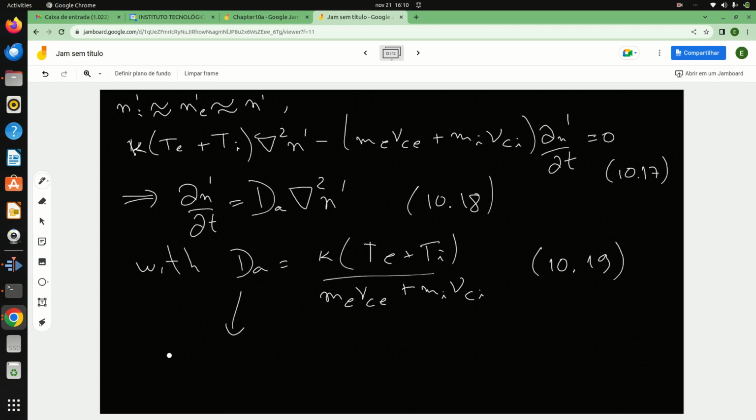And this is the ambipolar diffusion coefficient.